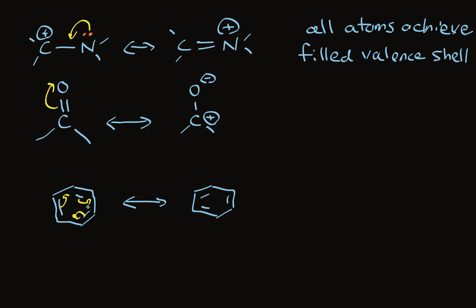Now, just to follow the theme of pointing out that these resonance structures involve overlap of p orbitals, it may be worth pointing out that this cyclic system has a p orbital on every carbon atom. So these guys overlap completely in a ring.